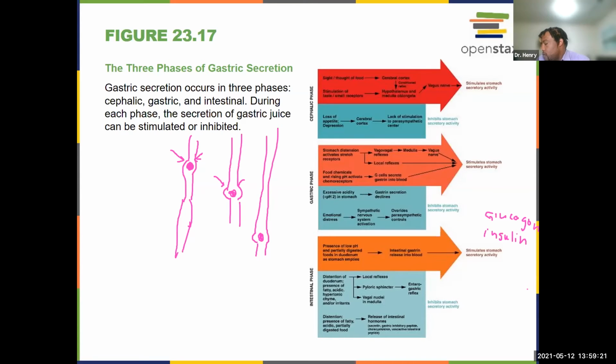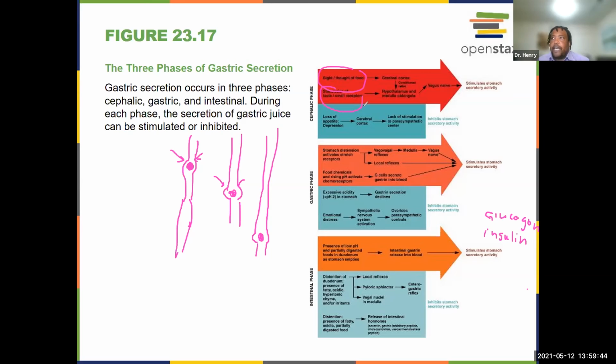And so this phase is going to be kind of triggered by smell, sight, just the thought of food, right? Sight of food, the smell, taste, thought receptors. All of those are going to play a part in that.